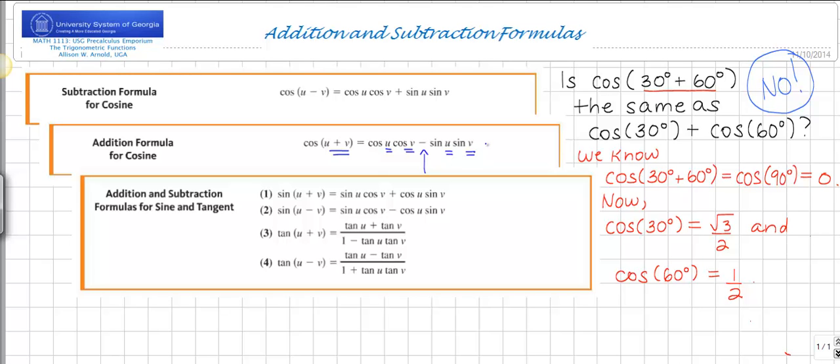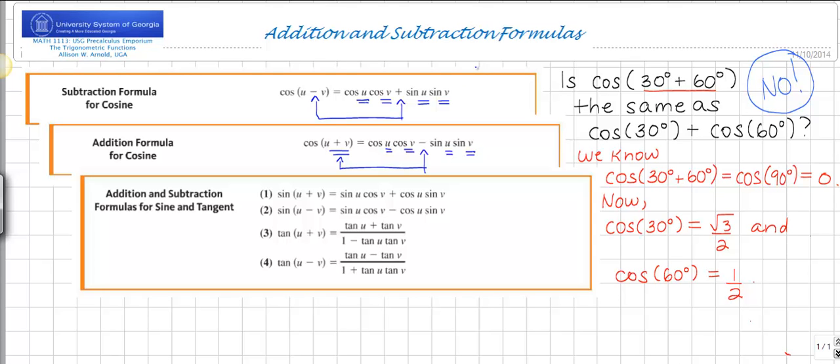Likewise, the subtraction formula for cosine fits a similar pattern: cosine of the first, cosine of the second, plus sine of the first, sine of the second. You may make, just for mental notes, that in the cosine subtraction and addition formulas the middle sign changes. So I say it like this: cosine, cosine, change the middle, sine, sine.